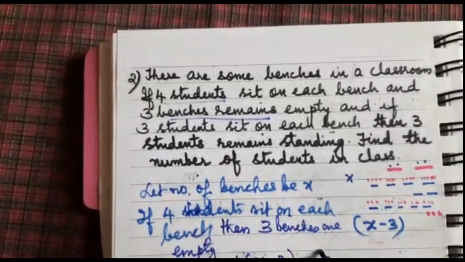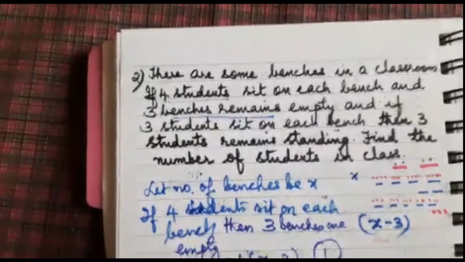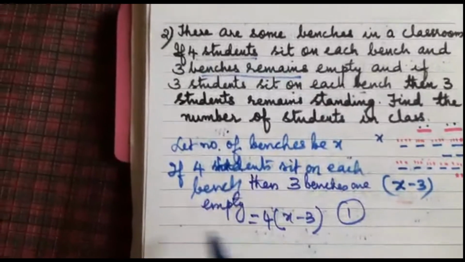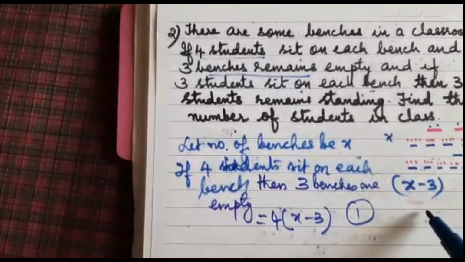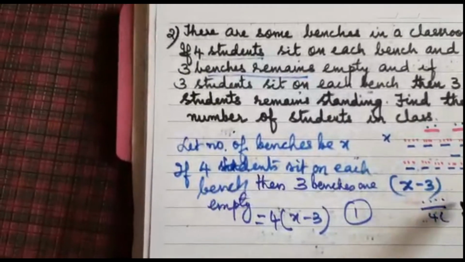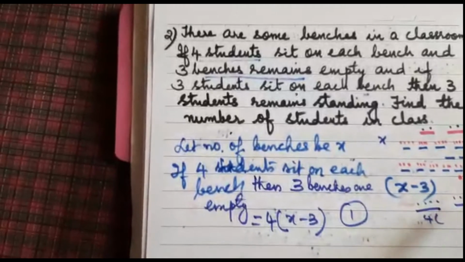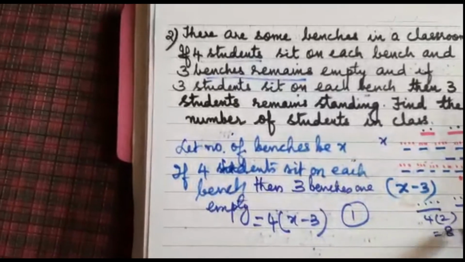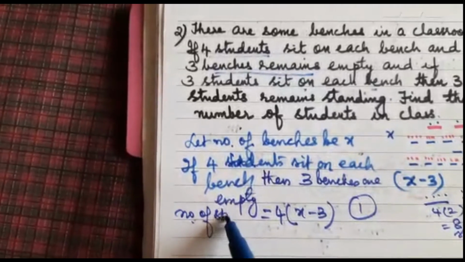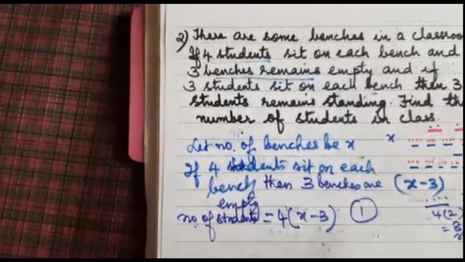This is the first expression for the number of students. Because on each bench, if 4 students are there, then 4 into the number of benches, suppose 2, so 4 into 2, you are getting 8 students. So here number of students is equal to 4 into this much. Okay.